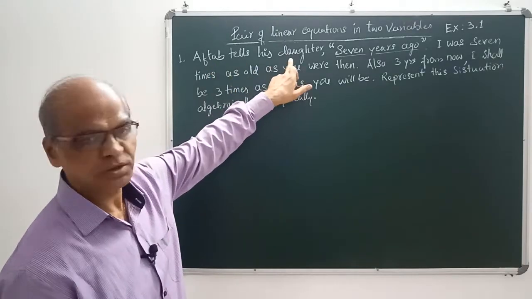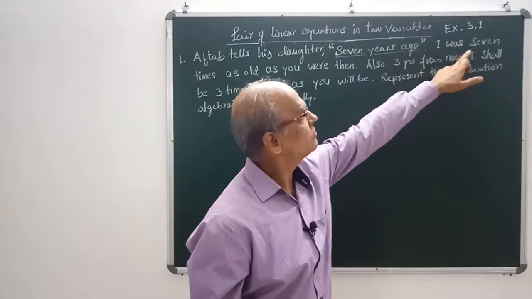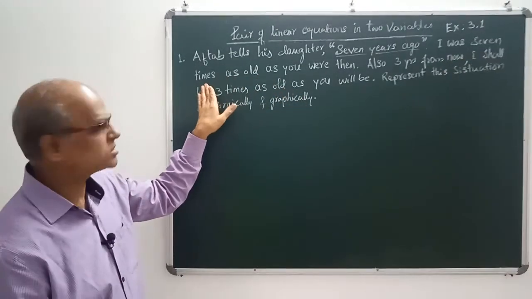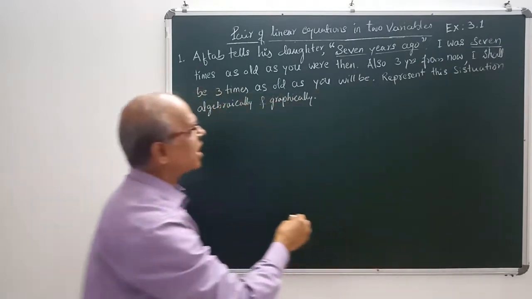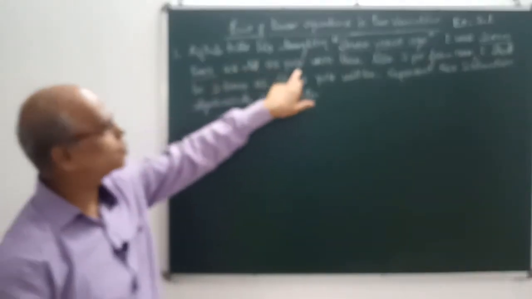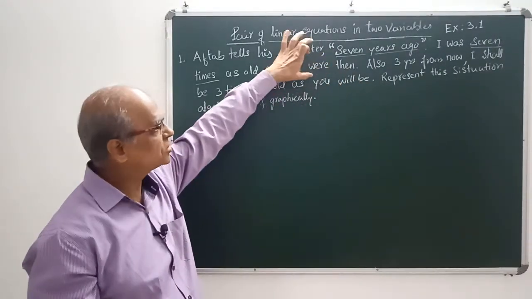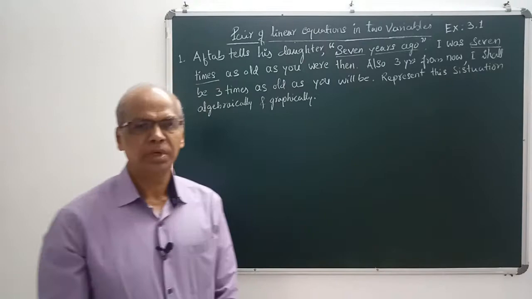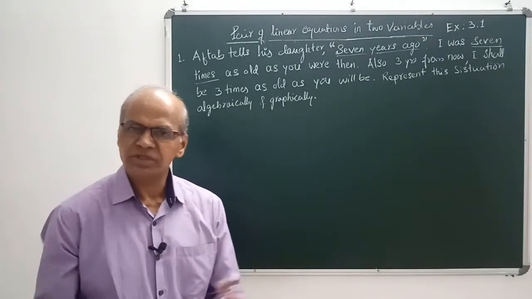Aftab tells his daughter, 7 years ago, I was 7 times, you have to underline this also, 7 times as old as you were then. What is the meaning of this part of the question? Here is a daughter and the father, and there is a conversation going on between them.